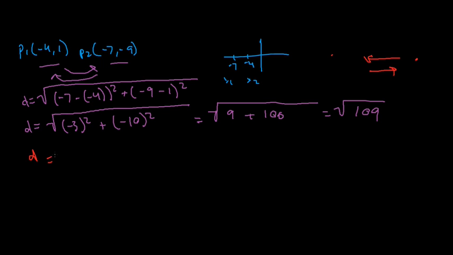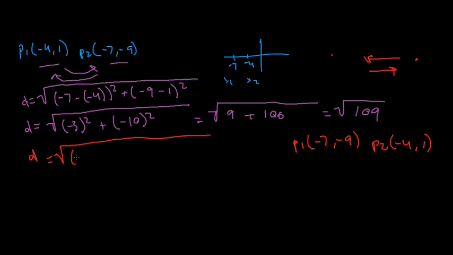So we have a square root. Again, we switched them, so let me rewrite them so there's absolutely no confusion. So point 1 will be minus 7, minus 9, and point 2, minus 4, 1.